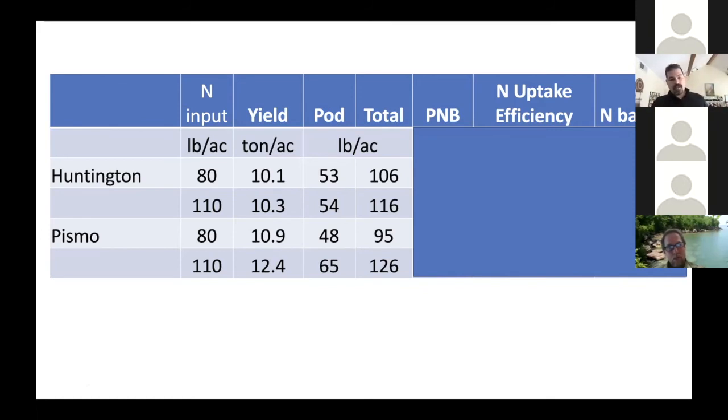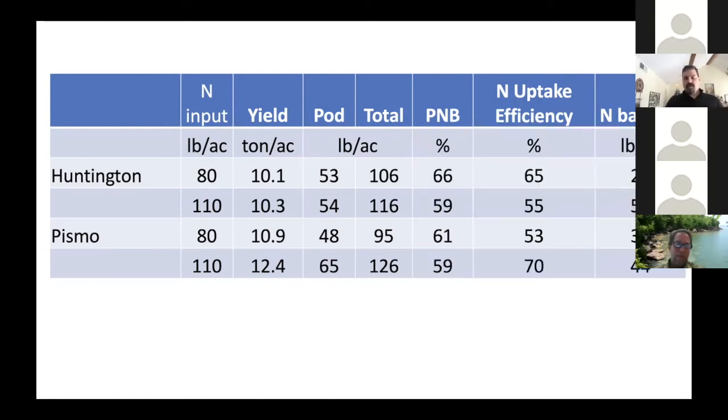Well, with the Huntington and Pismo, somewhat similarly to sweet corn, they don't do very well when we're not applying nitrogen. But they also do pretty well in terms of the efficiency. So in terms of the partial nutrient balance, that's the N removed minus the N applied, we're getting that 50 to 60 range pretty consistently.